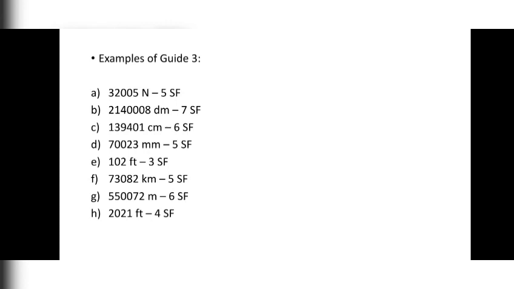For letter G, we have 550072. There are 2 zeros between 5 and 7, so it's going to be 6 significant figures. And lastly, for H, we have 2021, which has 4 digits and there's only 1 zero, so it's got to be 4 significant figures.